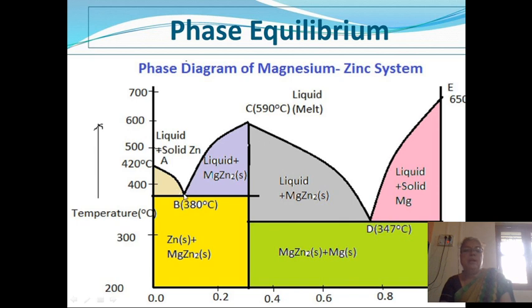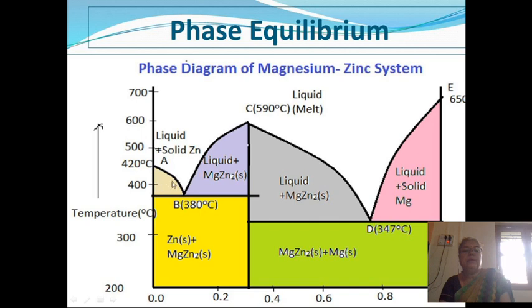At this B point, having temperature 380, in this molten mass we have zinc as well as zinc and magnesium alloy. Okay, this B point is a eutectic point. Here AB is the freezing point curve of zinc, and this curve ED is the freezing point curve of magnesium.